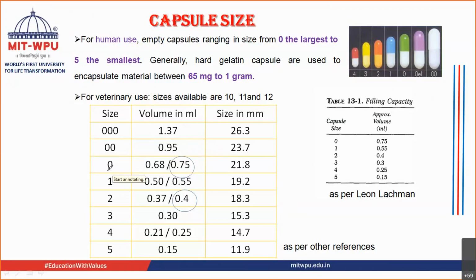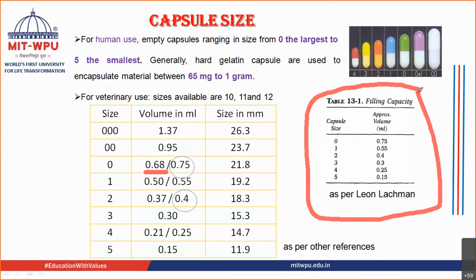If it is size 0, then the volume that can be filled is 0.68 ml. Now these are the figures given in Lachman, where it is given as 0.75, whereas in any other literature these are the sizes given. Just in Lachman, for some sizes the value differs.